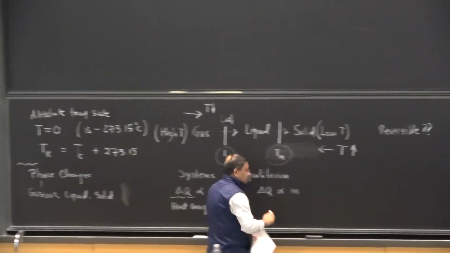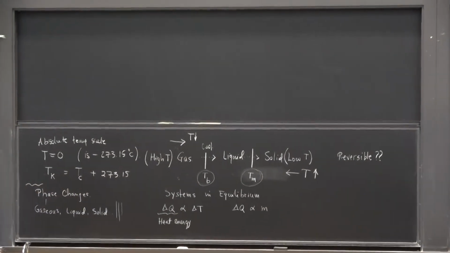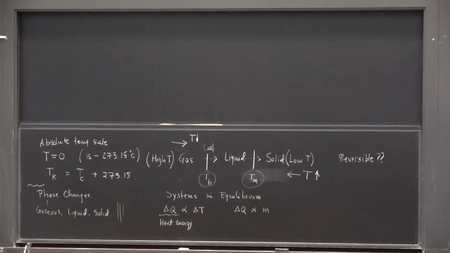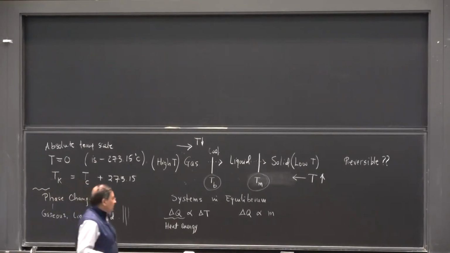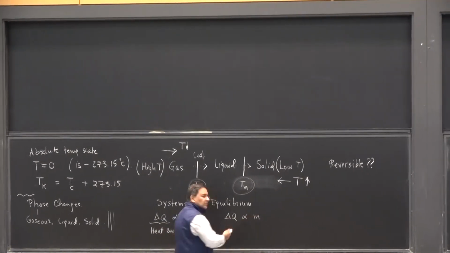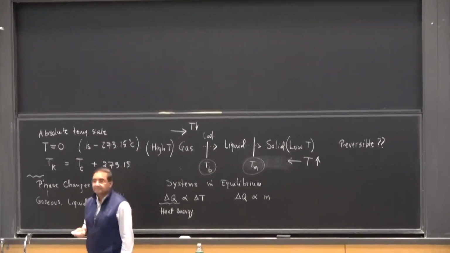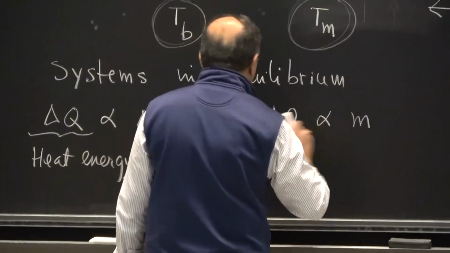If I have a very large amount of material, like the ocean, the amount of heat energy that the ocean can hold, or the amount of heat that will be gained or lost by the ocean because of a temperature change will be enormous because the ocean is so massive. So delta Q is therefore proportional also to delta M.